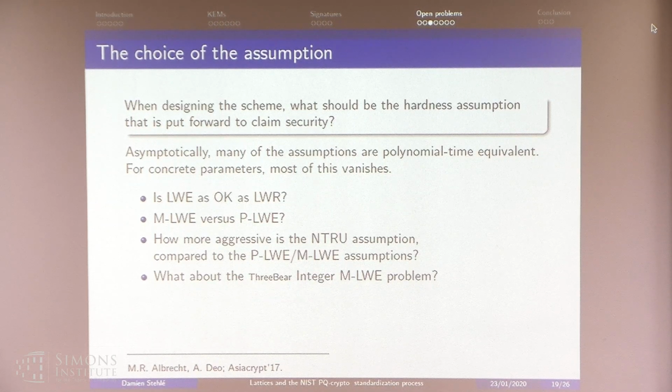What about MLWE versus PLWE? Asymptotically equivalent when you use matrices of small ranks with polynomial losses everywhere. In practice, again, that's an interesting question. Another question is whether the NTRU assumption is much more aggressive than the PLWE and module LWE assumptions.